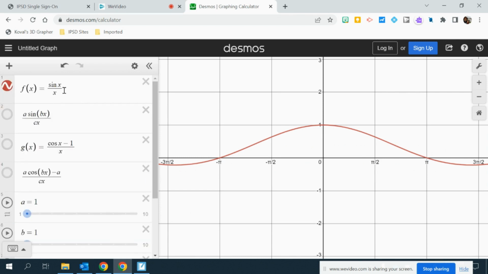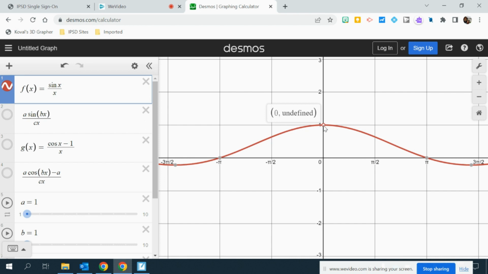So let's start with sine of x over x. If we just look at it, it looks like we can plug in values everywhere except for plugging in 0. And when we plug in 0, it looks like it gets really, really close to 1. Of course, it's undefined because the numerator and denominator would both equal 0.